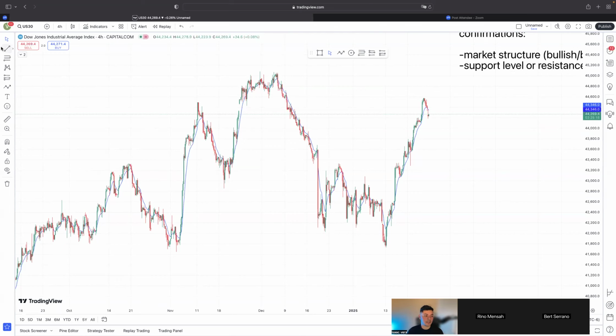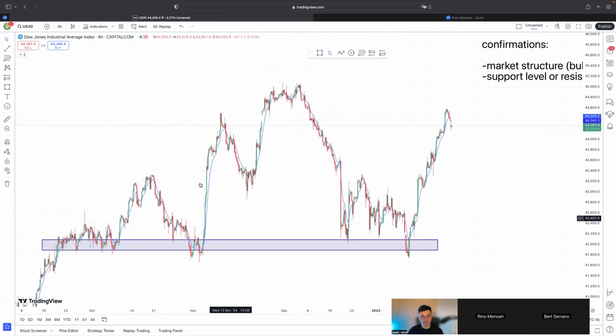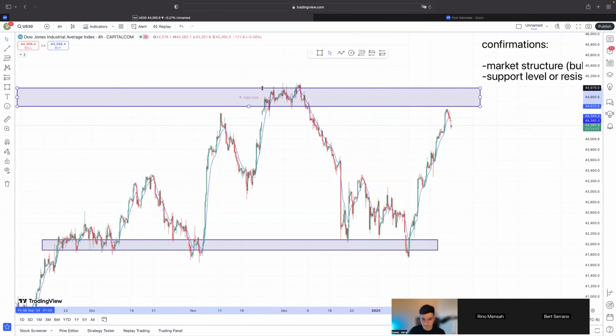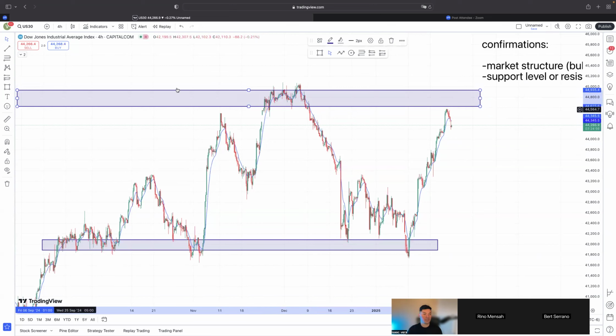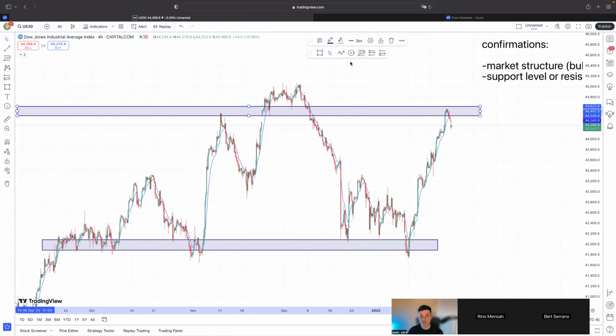So think about it like this. Let's say this is the floor of a house. This is support, and the roof of the house would be resistance. There are a lot of confluences when it comes to resistance, because there could be a lot of support and resistance key levels in different time frames.